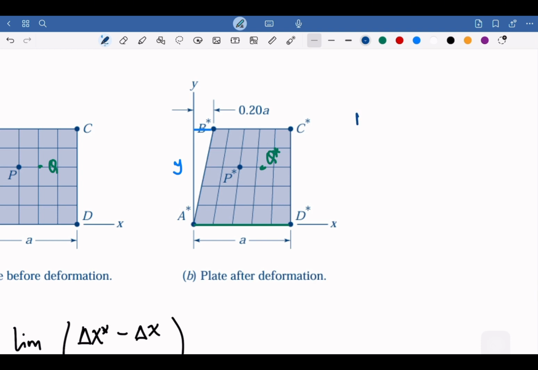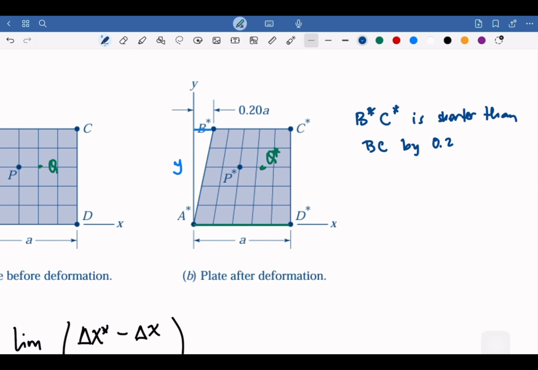So BC is shortened or shorter than the original BC by 0.2, right? 0.2 or 20%, right? 0.2a. Okay, so it's 20% of a.